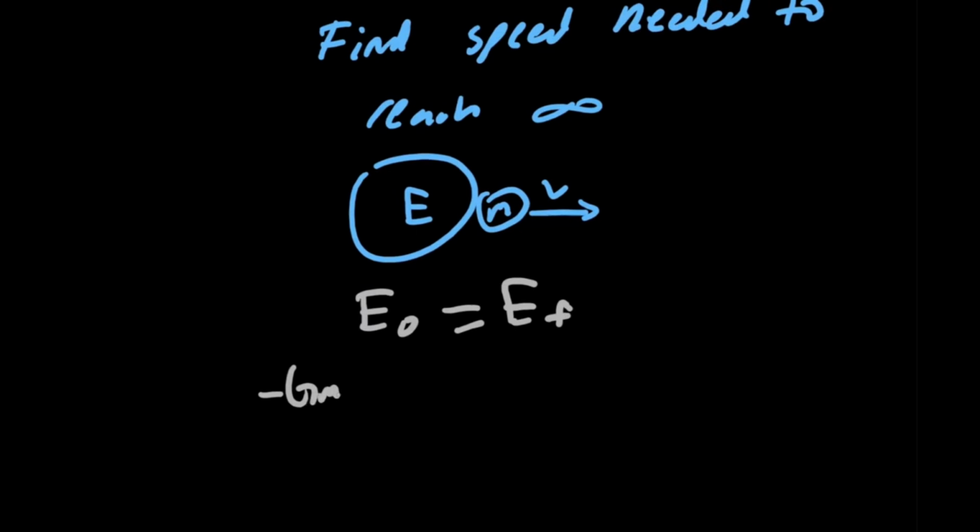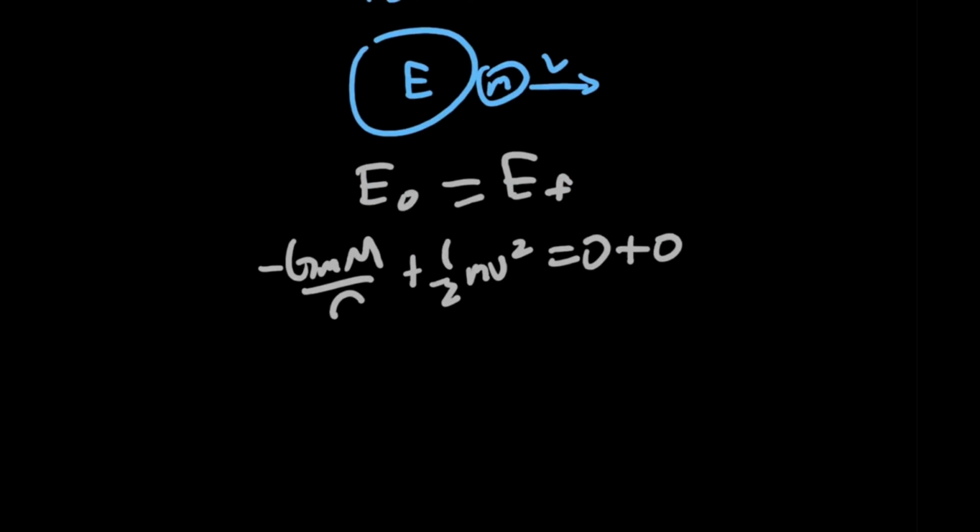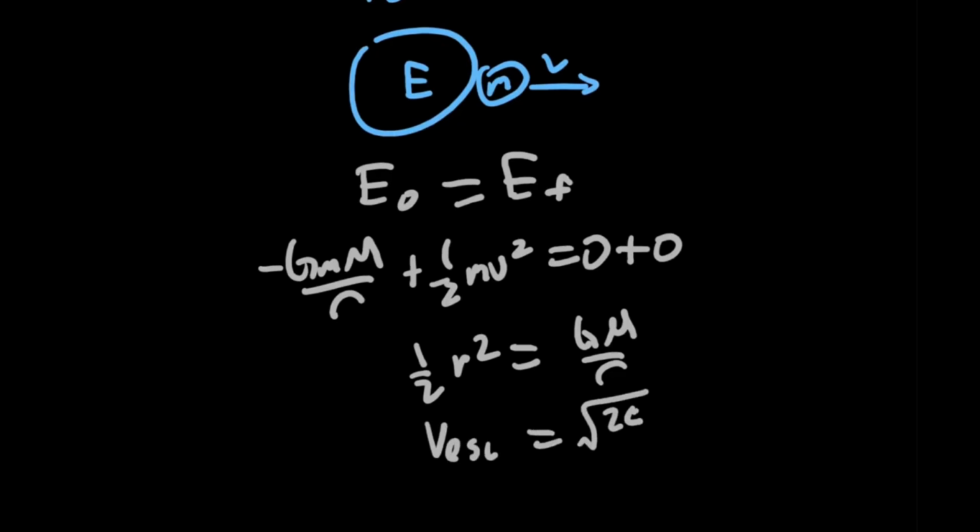Negative GMm over r plus 1/2 mv squared is equal to 0 plus 0, because both of these things are going to become 0. So that means that 1/2 v squared is equal to GM over r, and therefore v escape is equal to the square root of 2GM over r.